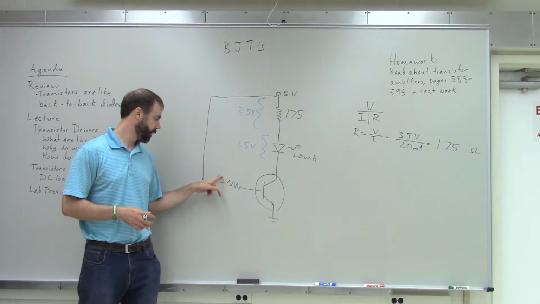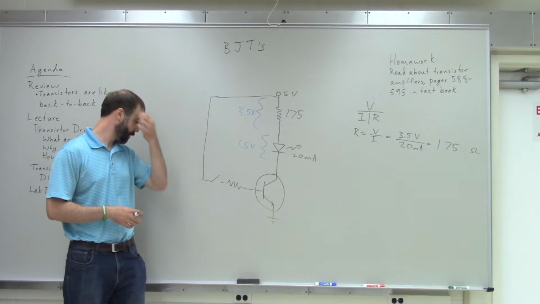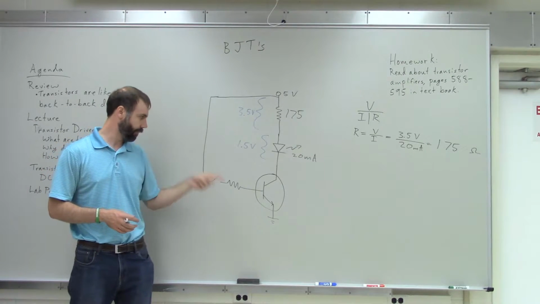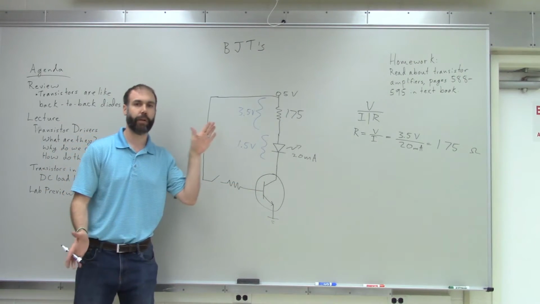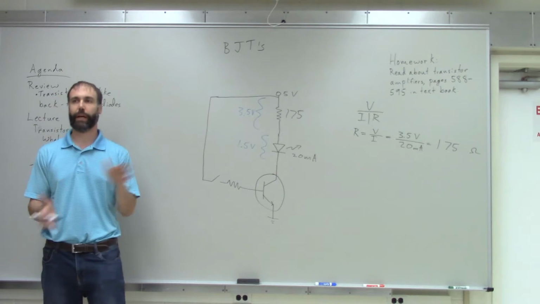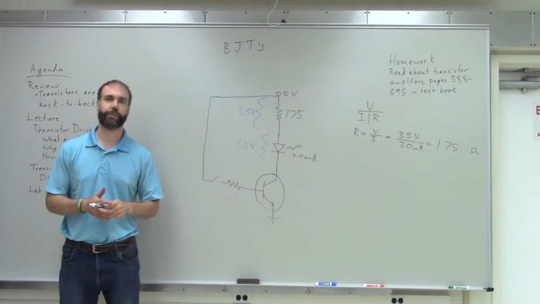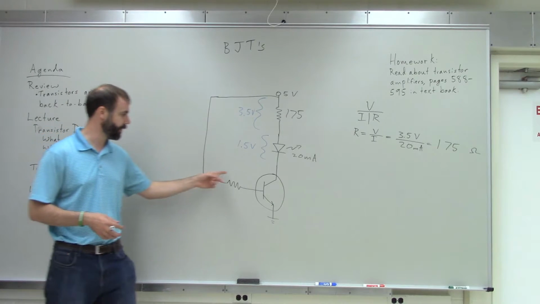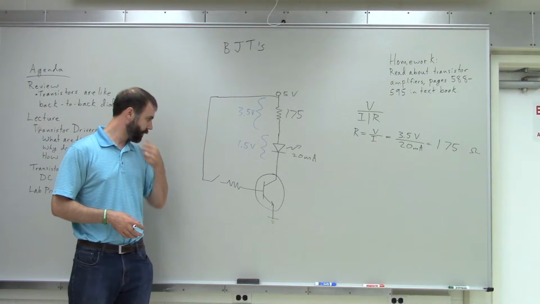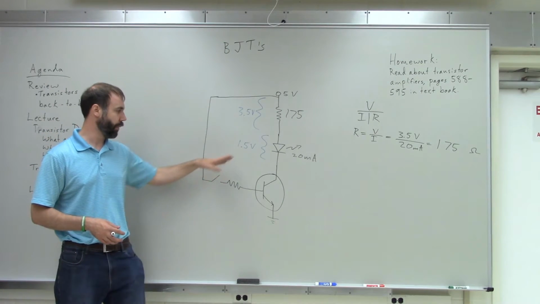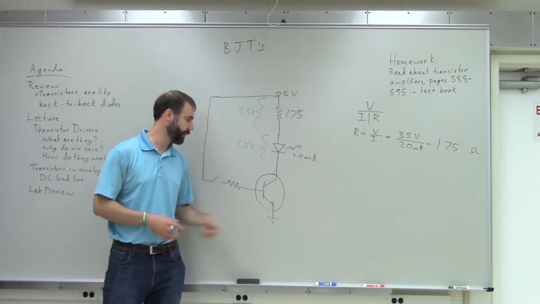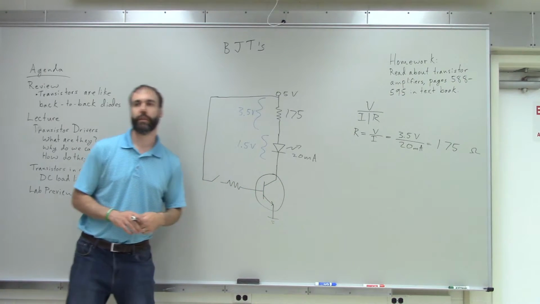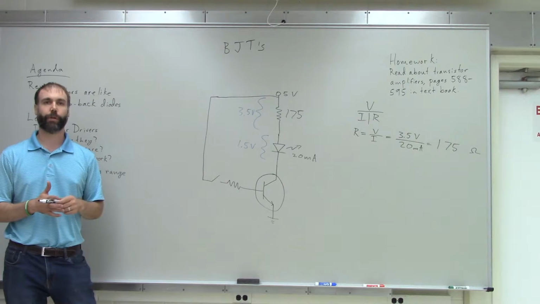When the switch is open, we want the transistor to behave like an open circuit, a brick, have essentially infinite resistance. Okay? So we need to choose this resistor in such a way that when the switch is closed, the transistor acts like a wire. It has very little resistance.